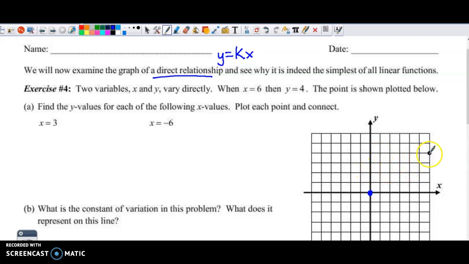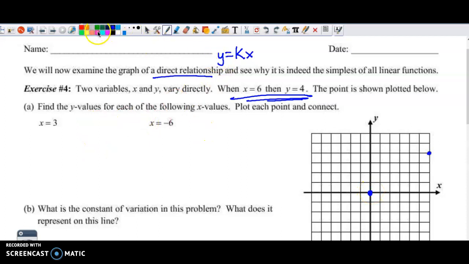Sometimes what I'll do is, they tell you the problem, when x equals 6, y equals 4. A good visual for you to answer some other questions would be to connect these dots and then look at other ordered pairs on this graph. Now that's not exactly the intent of this problem. The intent of the problem is to get you to understand that it's going to pass through the origin.